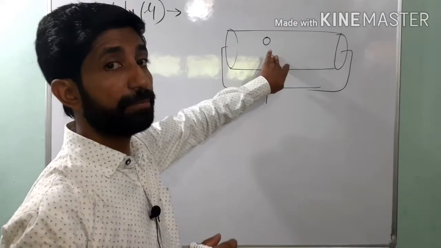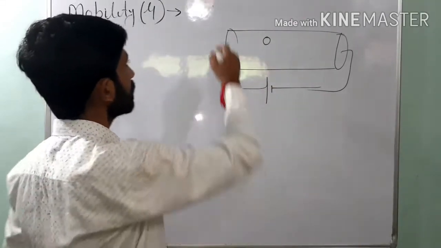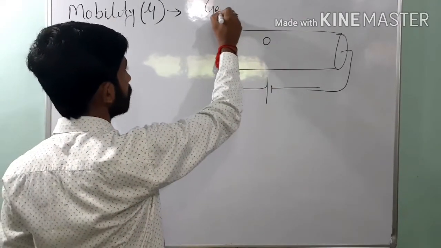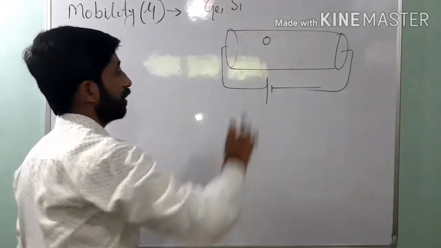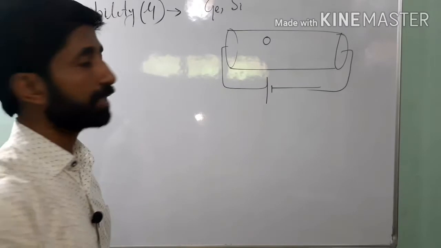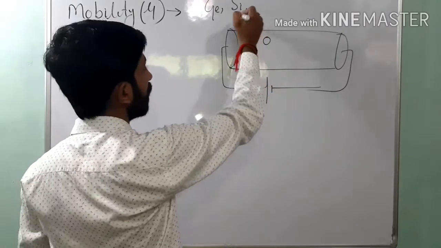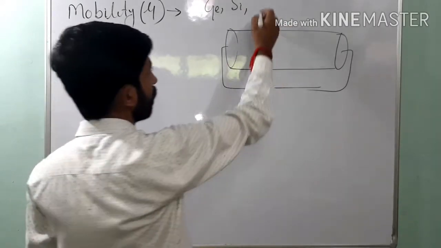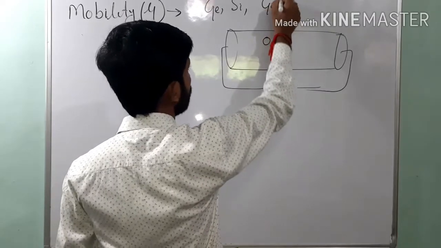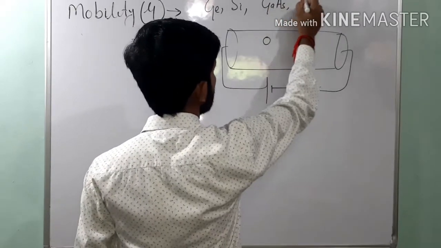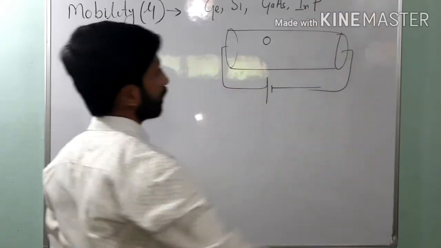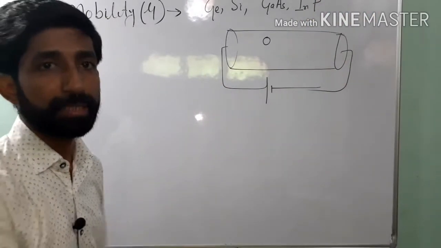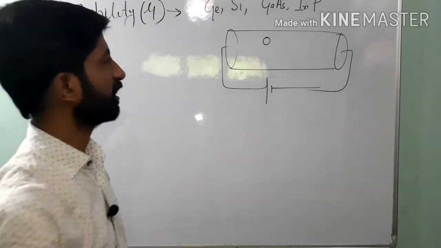Sorry, this is a semiconductor. Examples of semiconductors are germanium and silicon, the two most commonly found natural semiconductors, and there are artificial semiconductors like alloys, that is gallium arsenide, indium phosphide, etc. Nowadays we are having organic semiconductors, polymer semiconductors, so many things are there.